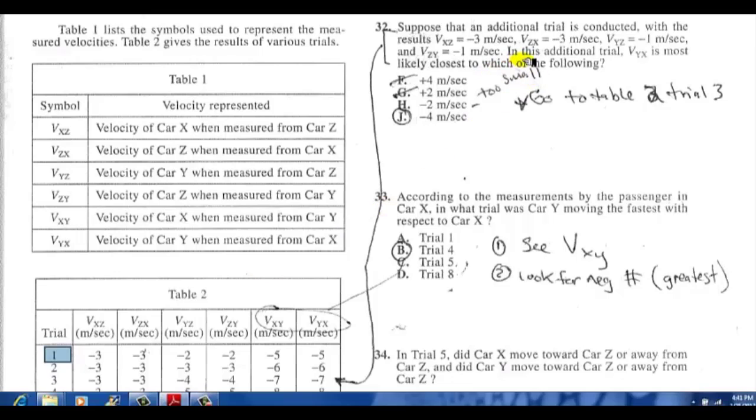Now, here's what we need to predict. It says in this additional experiment, we're looking to predict VYX. VYX is here, and we see that the closest trial that we have was trial 1, so our value for VYX in trial 1 is -5.